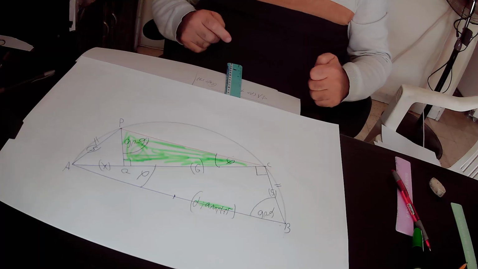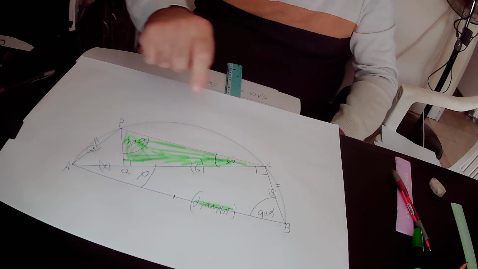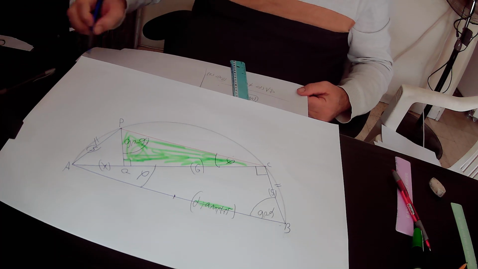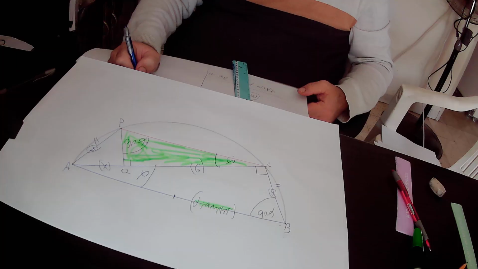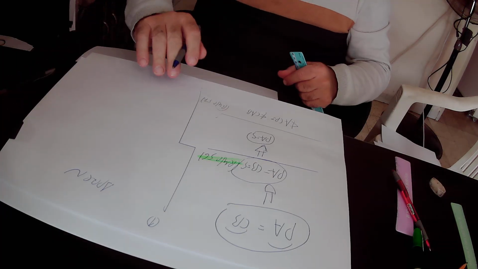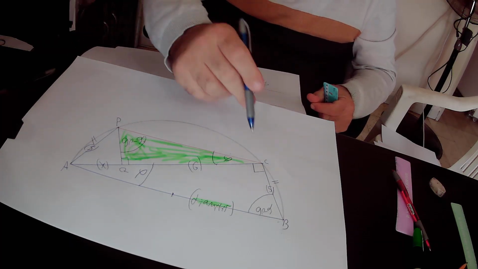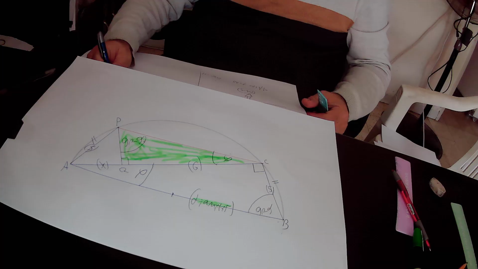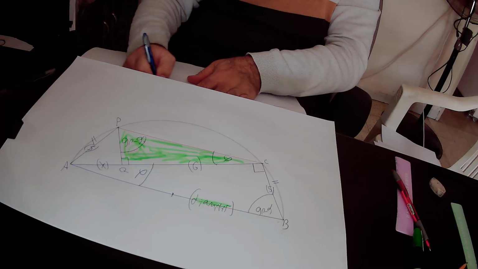So right now we should find out that this is the green right triangle PQC, and it is similar, this is the sign of similarity, to the lower right triangle ABC, according to the angle similarity rule.